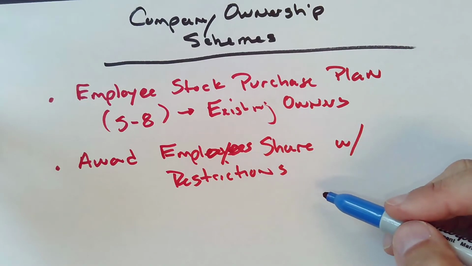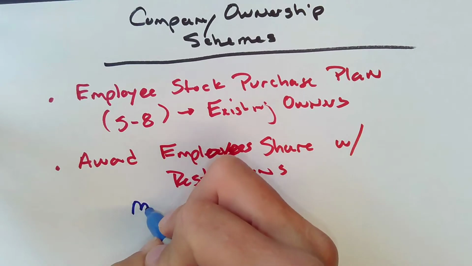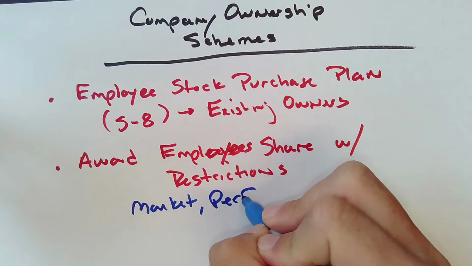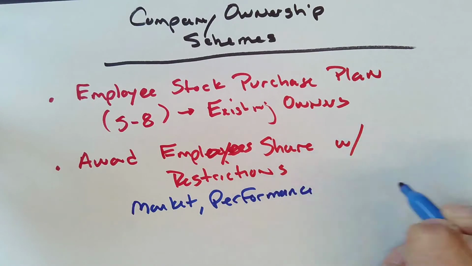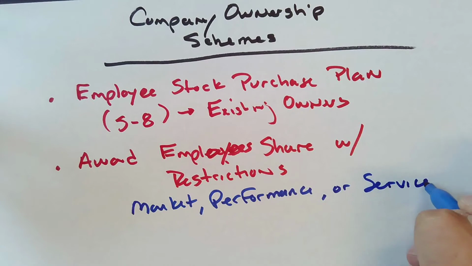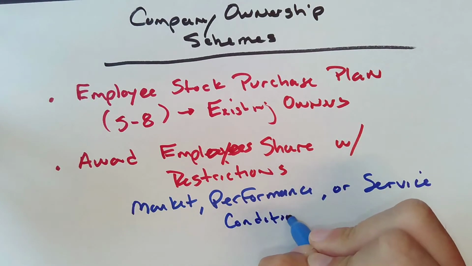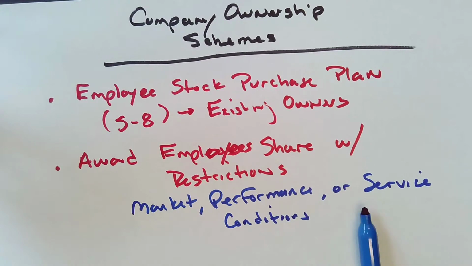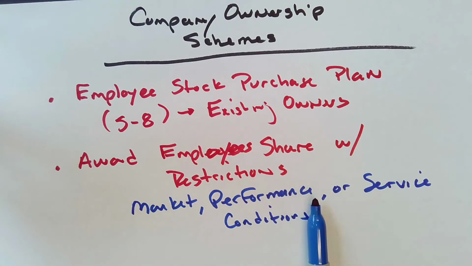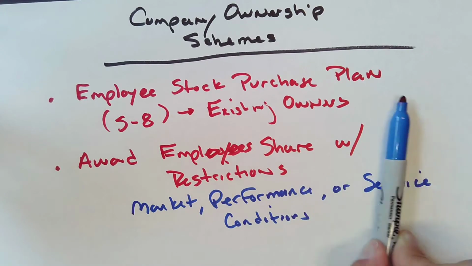And that might be due to market conditions, performance conditions, or service conditions. Service conditions, well, you have to work here 4 more years before these become unrestricted. Or you have to grow the company's sales to X billions of dollars or millions of dollars before these become unrestricted. Or the stock price has to hit a certain level before these shares become unrestricted.